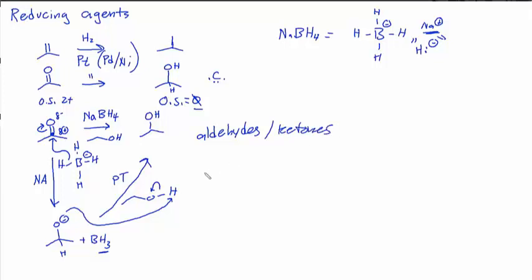If we need to reduce, say, carboxylic acids, amides, or esters, we have to use something else, and we'll talk about that on the next page. So lithium aluminum hydride is also a source of H-.